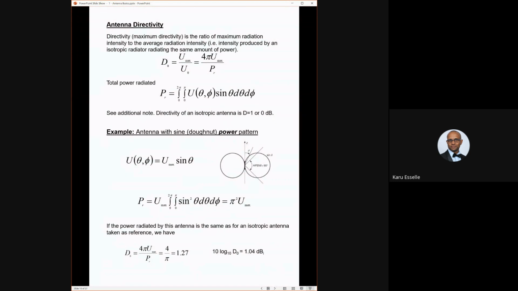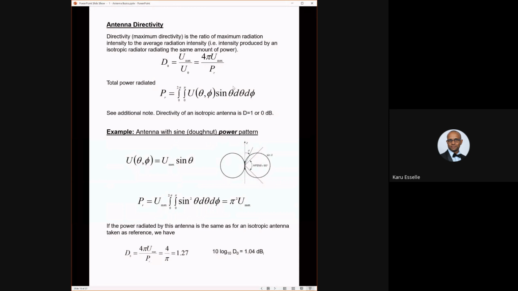So when you substitute those, you get this equation for maximum directivity in terms of the maximum radiation density and radiated power. Then, if you want, you can also calculate the total power radiated by any antenna by integrating the radiation intensity using this equation.